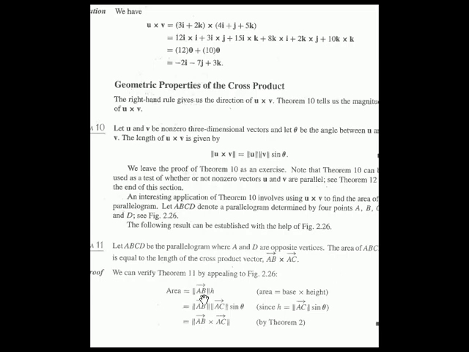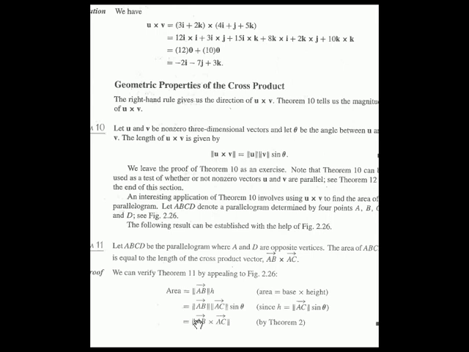In other words, length of AB times the height, which is length of AC times sine of theta. And that, we just showed, is equal to the length of the cross product of the 2 sides, AB and AC. Those are 2 adjacent sides of the parallelogram. And so the area is just going to be the magnitude of the cross product of those 2 sides.